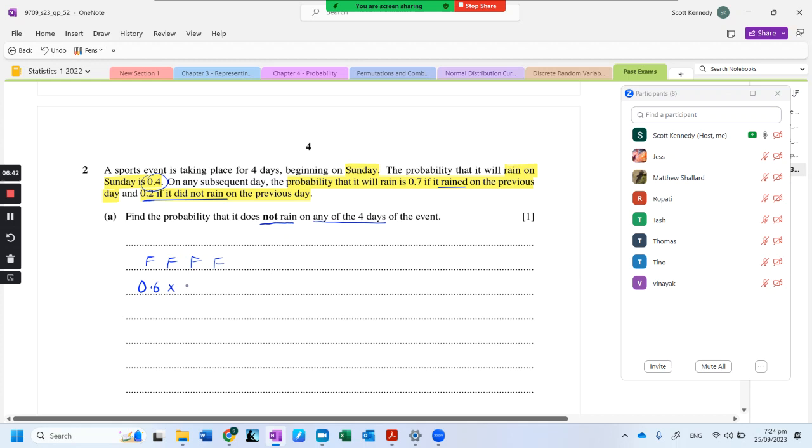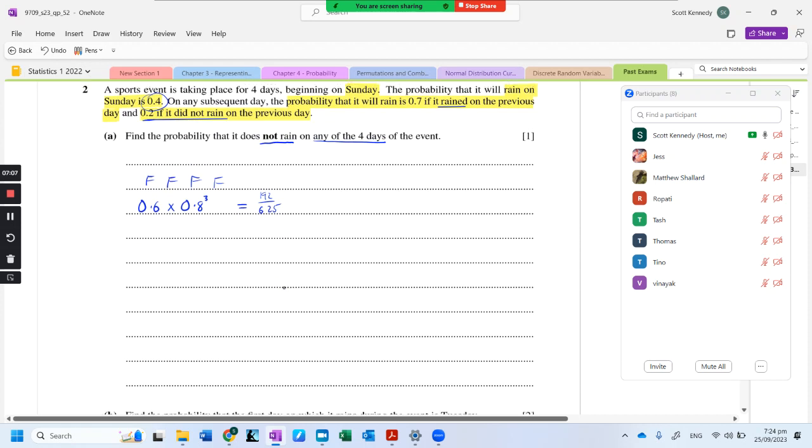Therefore, the chance that it won't rain on the next day is 0.8. And since each day after that is fine, we're going to have 0.6 times 0.8 cubed. So 192 over 625.